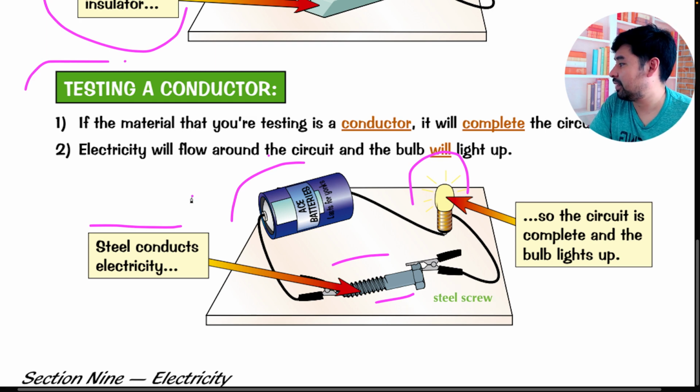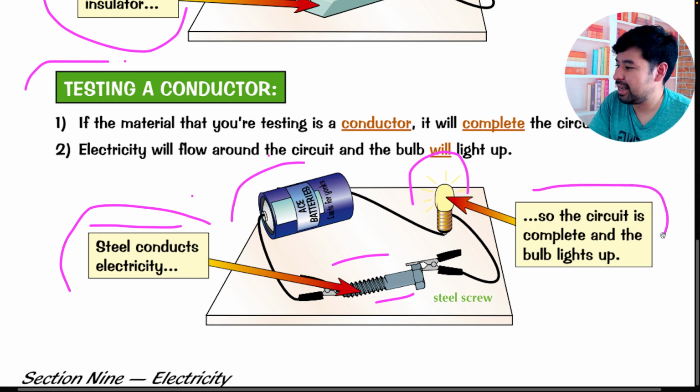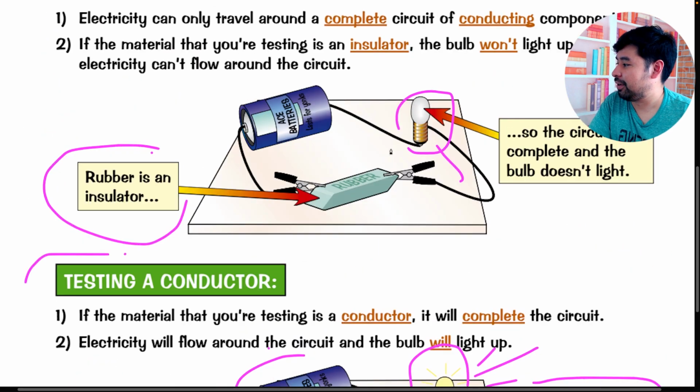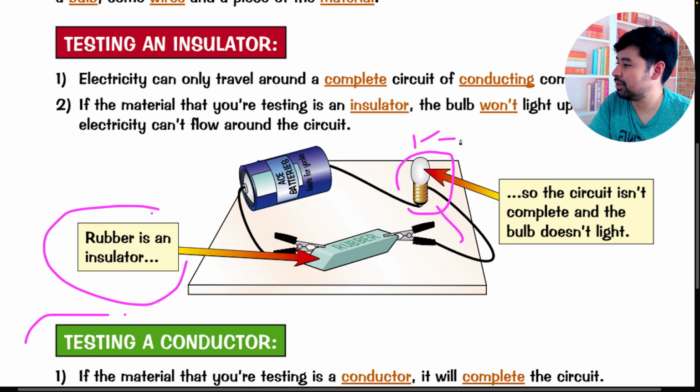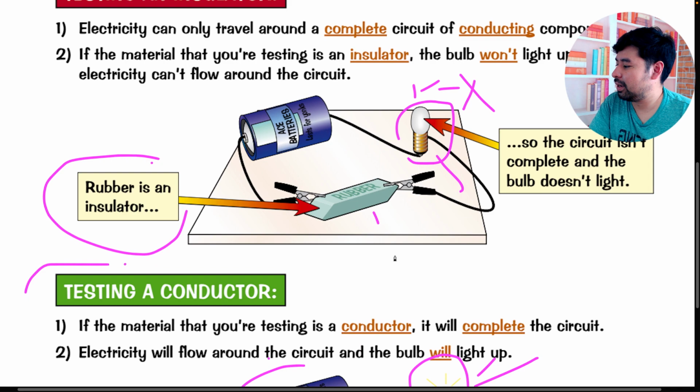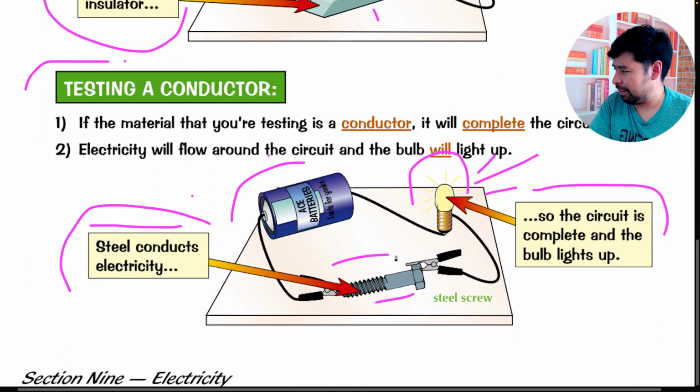That's why we have the information here: steel conducts electricity. So the circuit is complete because it's a conductor, and the bulb lights up. The light comes out, right? And here we could see the light didn't come out, because this is not a conductor. Okay, and I mean the same, right?